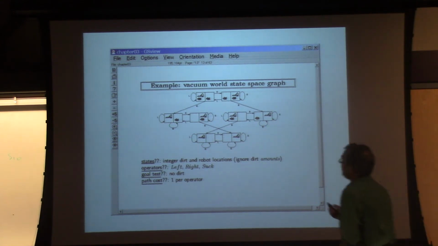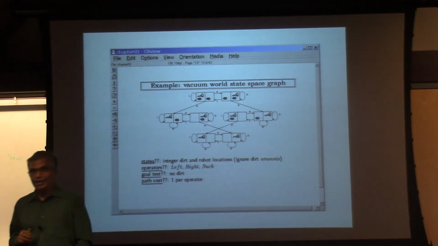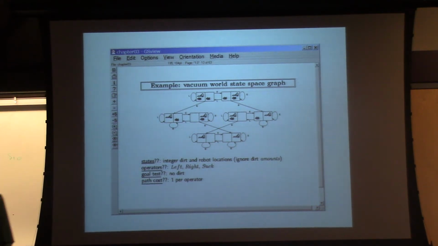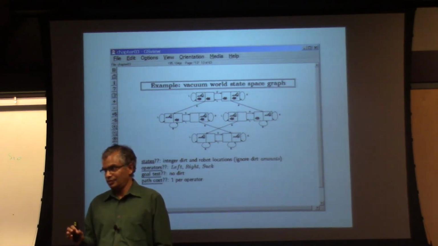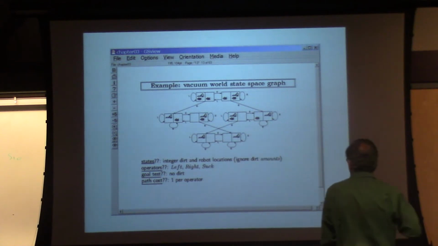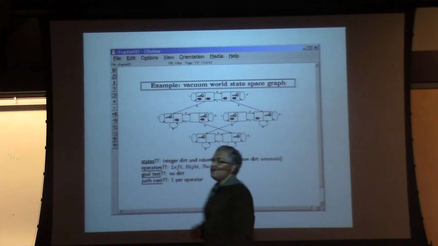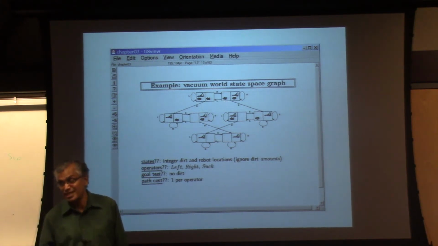One interesting thing to understand with respect to 310 is in 310, graphs typically are small. In the kind of problems we are talking about, the graphs can be very large. You could have a graph of billion states.